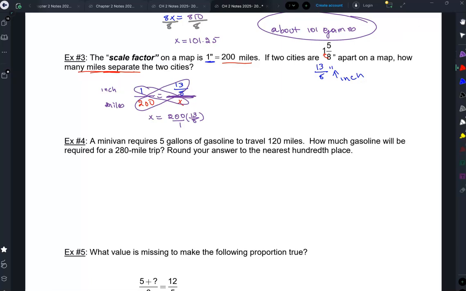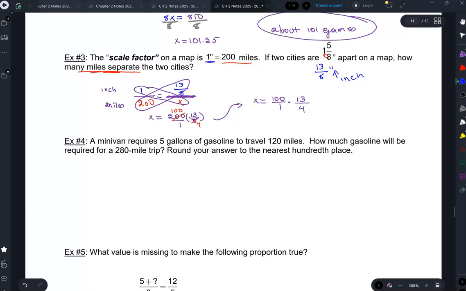Okay, so look, you remember anything in the numerator can reduce with anything in the denominator. So the 200 and the 8, I can divide this one by 2, I get 100. Divide this one by 2, I get a 4. And you know what? Now it's getting messy. Let me just rewrite it. X equals 100 over 1 times 13 over 4.